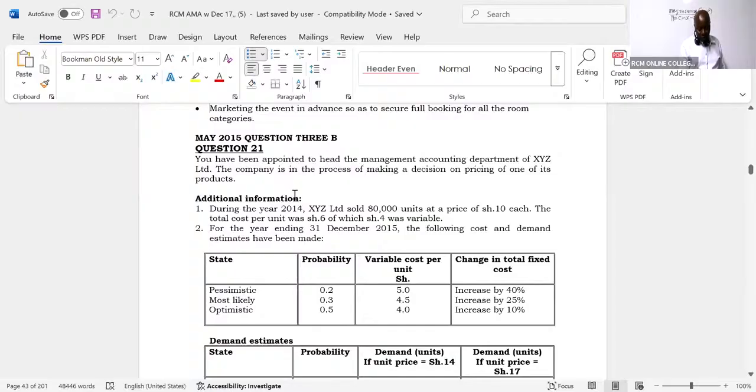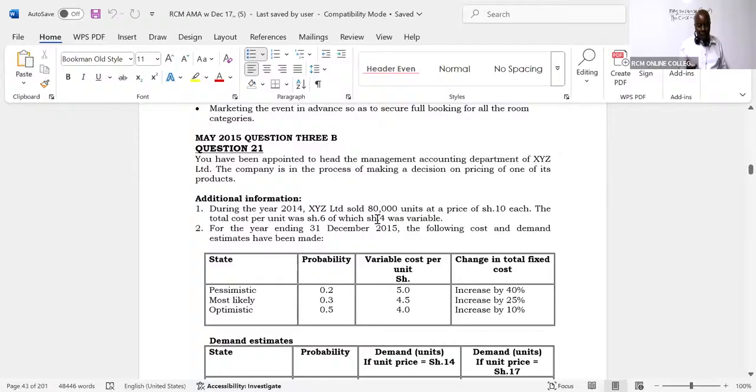During the year 2014, XYZ Limited sold 80,000 units at a price of 10 shillings each. The total cost per unit was 6, out of which 4 was variable.